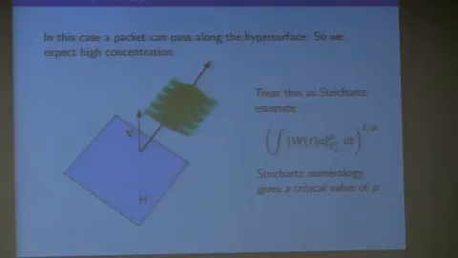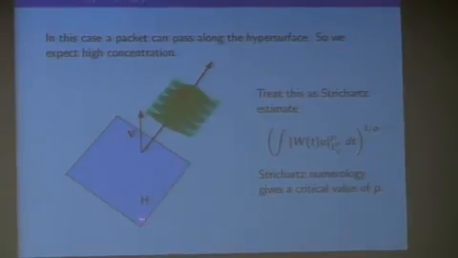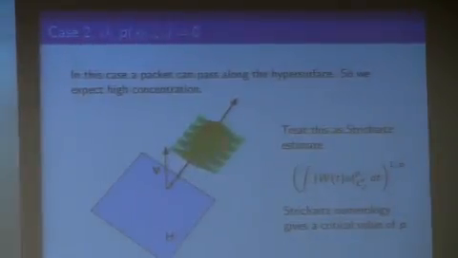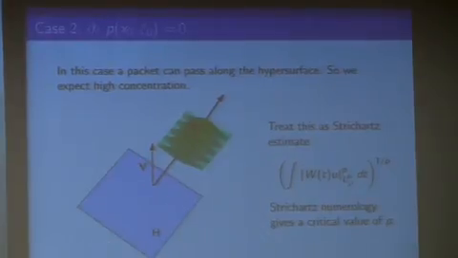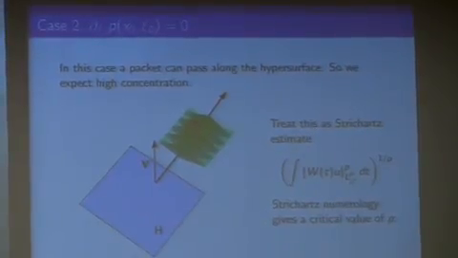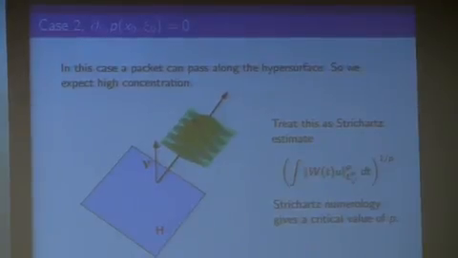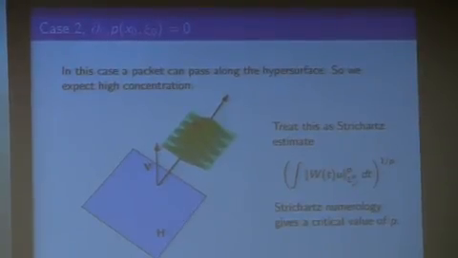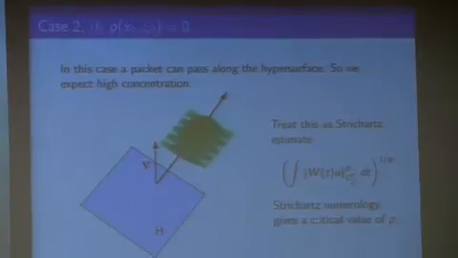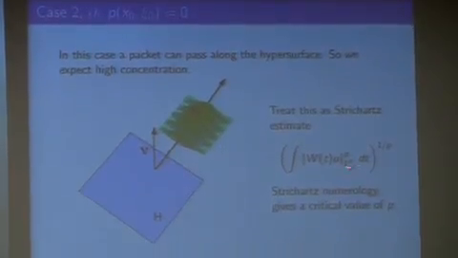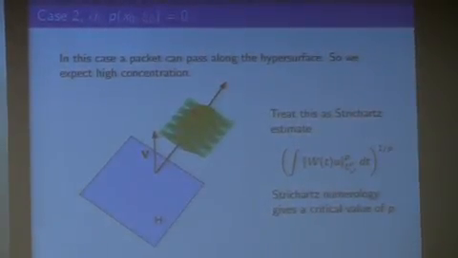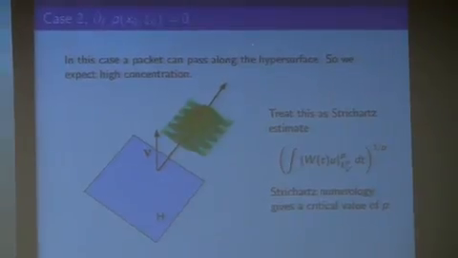The hard case is where you could have your trajectory moving right along your hypersurface. So it could be trapped inside the hypersurface and the packet could spend an awful lot of time there. Now in this case, we treat it as a Strichartz estimate. The Strichartz estimate gives us a weighted space-time estimate, and remember that time is this spatial direction.